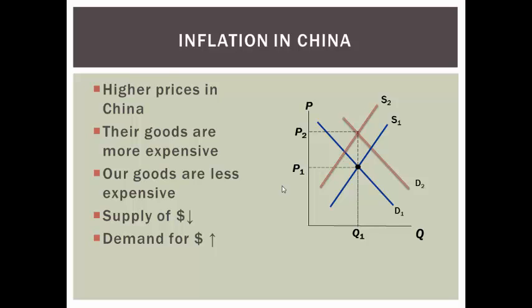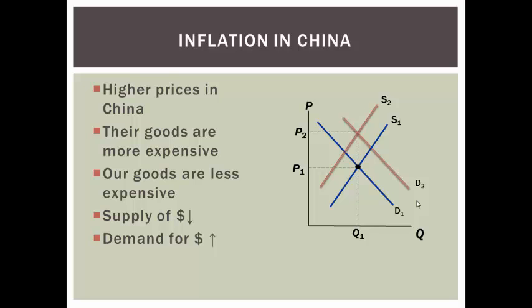So their goods are more expensive, and our goods, relatively speaking, are now becoming less expensive for them. So they would rather purchase goods from the United States. They want more of our products, which means they need more dollars, which means that demand is going to increase.